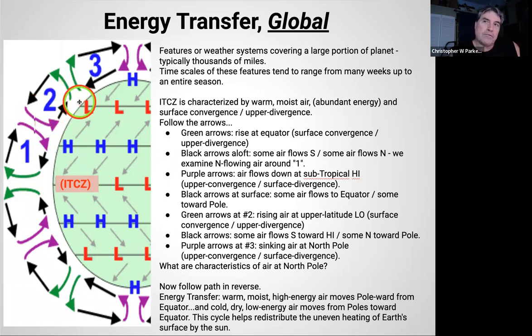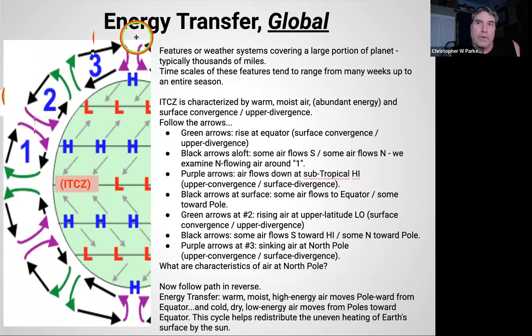So we get up into the upper latitudes, 35, 40, 45, 50 degrees north latitude, and we get areas of low pressure and cold fronts that come along. And in the areas of low pressure, again, we have generally rising air. So that's illustrated by the green arrows. Some of that goes back toward the equator and some goes toward the North Pole.